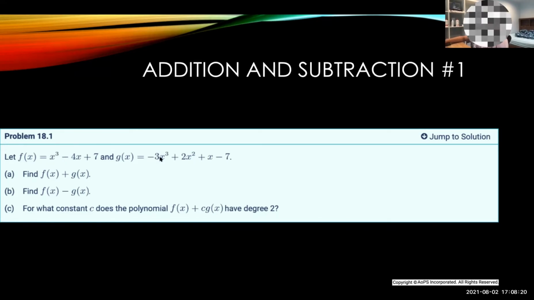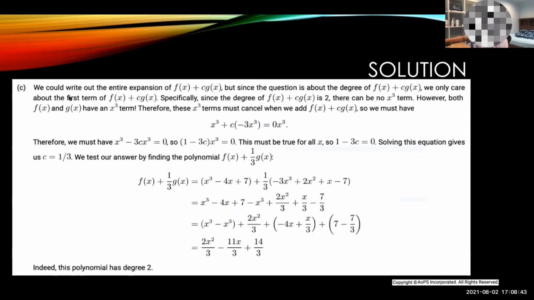So what we need to do is make this smaller, to negative x cubed. So c would have to be 1/3. So 1/3 times negative 3x to the power of 3 would give negative x to the power of 3, and that will cancel out the other x cubed, and you would be left with a degree of 2, as shown here.